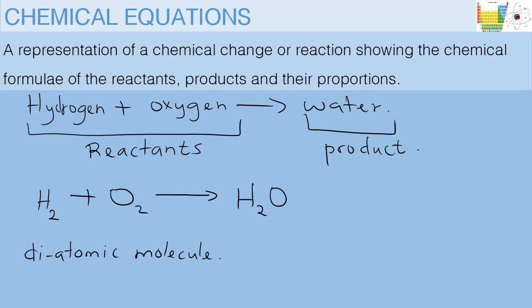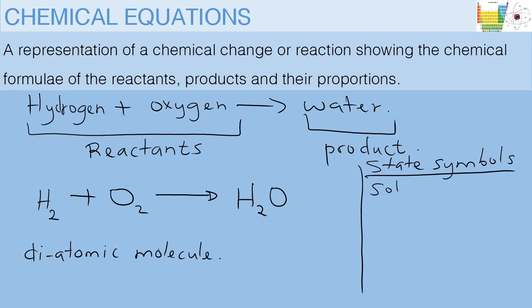Now, there are a little bit more details that you need to learn. Apart from writing the chemical formulae or symbols of the elements and compounds, we need to write the state symbols. Back in Form 1, you learned there are three states of matter.